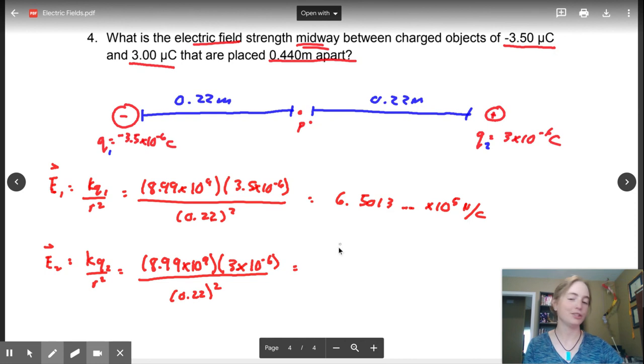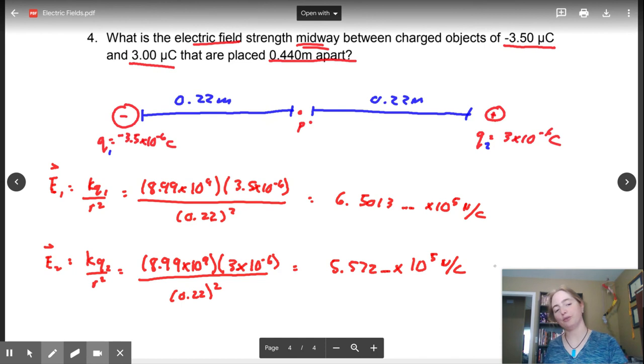Plonk that into your calculator. My answer's on the computer here to my right, because I already did this stuff before I started filming. Okay, and there we go. We have our magnitudes.